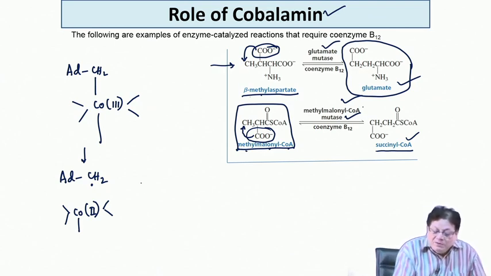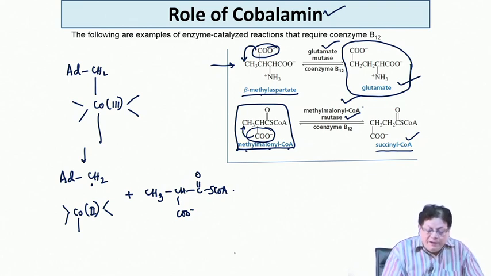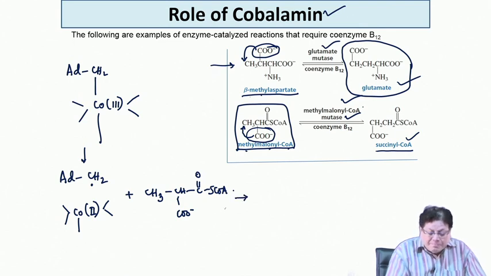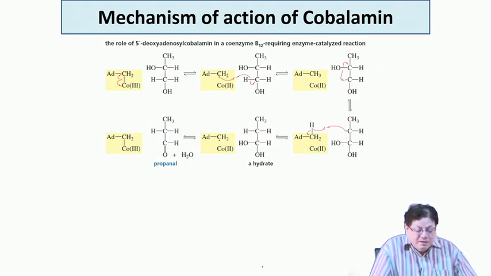Now, suppose I do this reaction plus CH3 CH COO minus and then CO SCoA, methyl malonyl CoA, and then what happens? This takes up the hydrogen. Let me just see which hydrogen it takes. Methyl malonyl CoA is not given here.